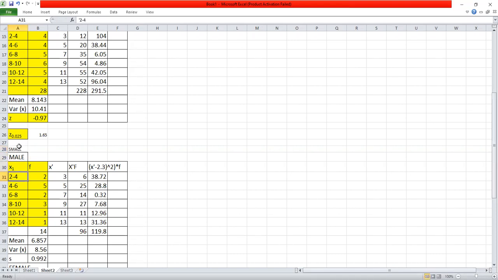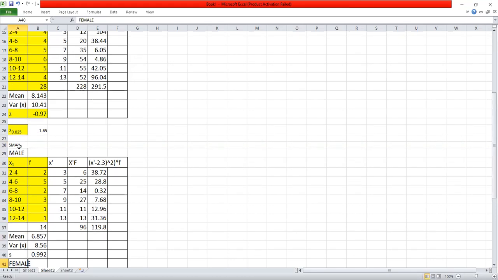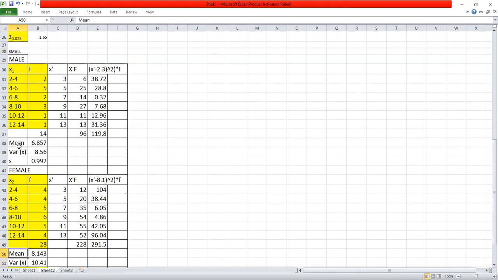So small sample there for males are 14, and let's ensure that these ones are also less than 30. Let's just make this one here, say 2, 1, say 3, 1. That's 29. 14 plus that's 29. So these are small samples, because the sum of N1 plus N2 is less than 30.